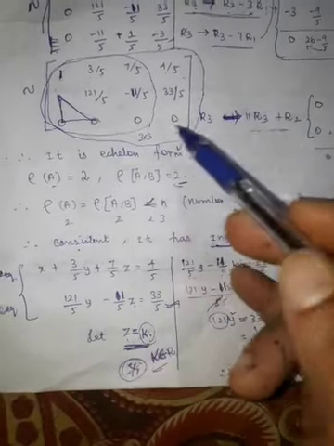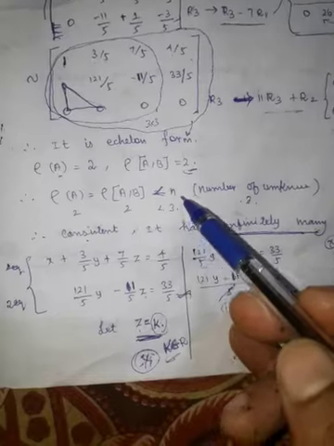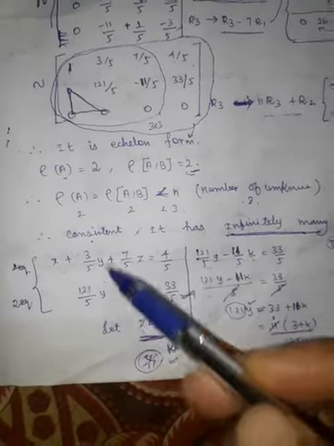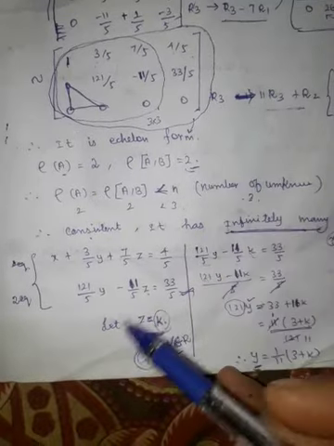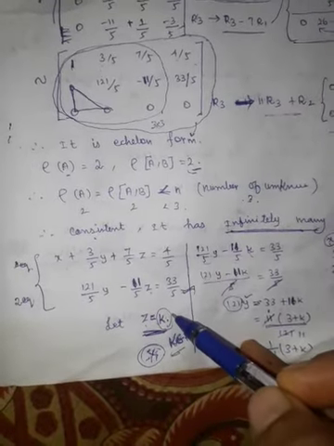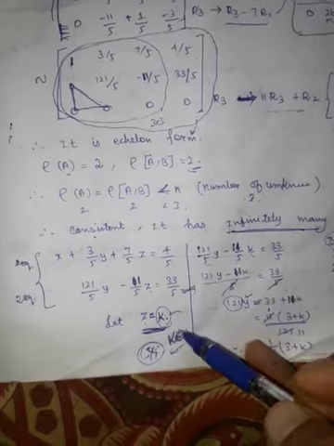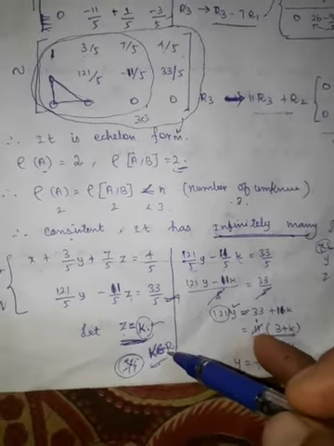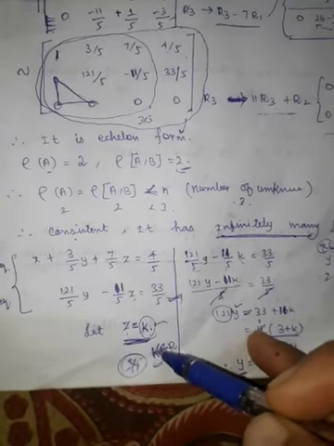But the row 3 is fully 0. Our unknown value is 3, but we have only 2 equations. The third equation is fully 0. So we take let z equal to k. What is k? The k is a real number value. K belongs to R. This is a very important step.